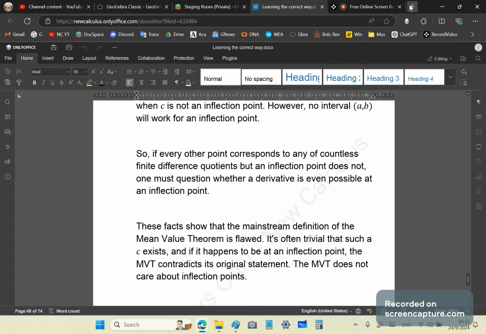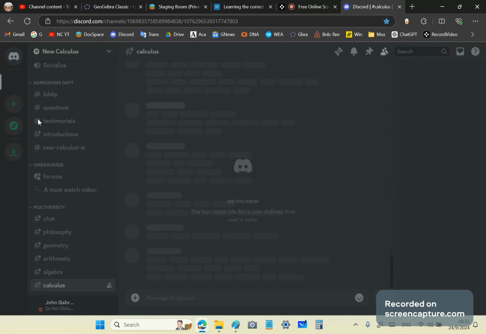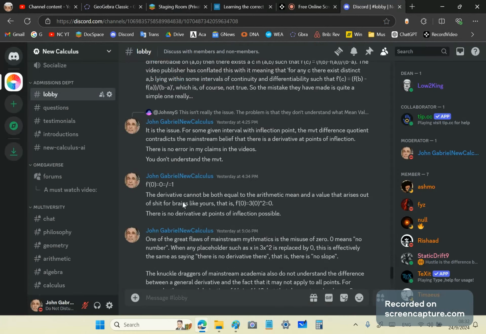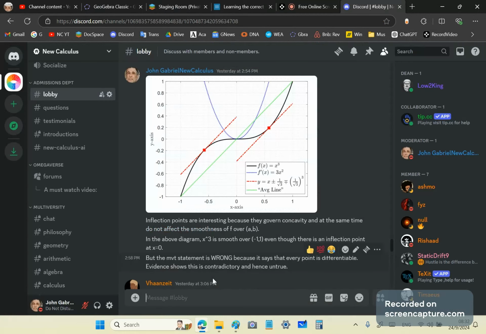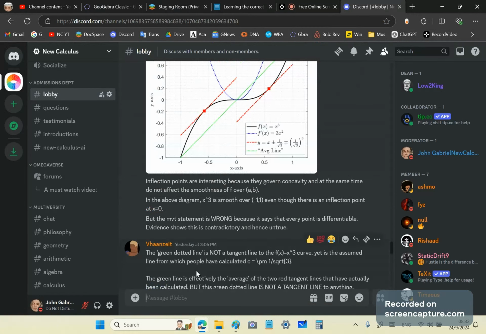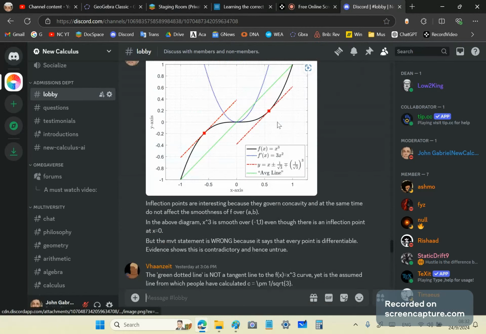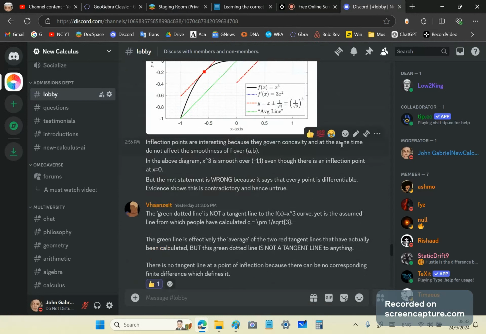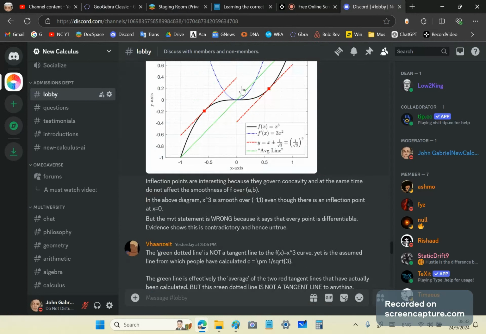Okay, so here in our new calculus Discord channel, in the lobby section, we've had quite a ferocious discussion. And one of the members brought up an interesting point. He says that this green dotted line that you see inside here is not a tangent line to the cubic, yet it is the assumed line from which people calculate these arithmetic means.